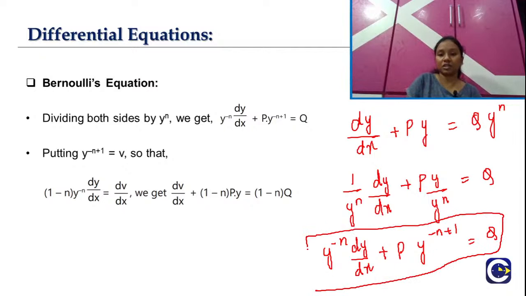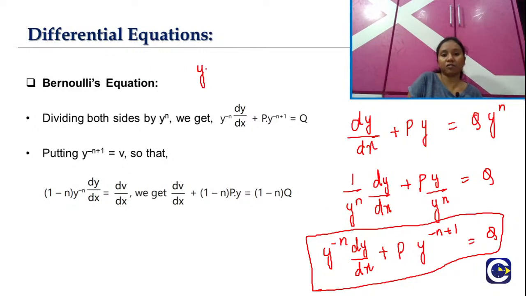So this will be the next form after dividing the entire Bernoulli's equation on both sides by y power n. This will be the result we get. Now in this y power (minus n plus 1), we can substitute v.